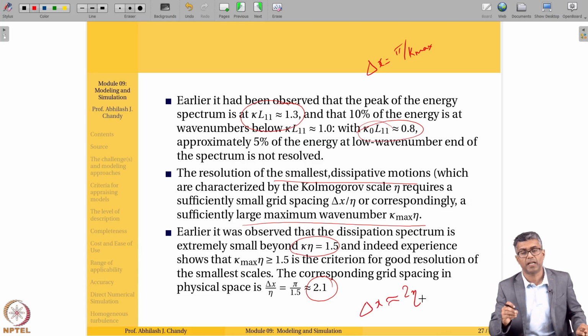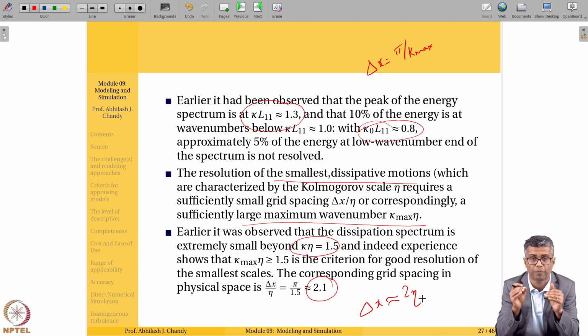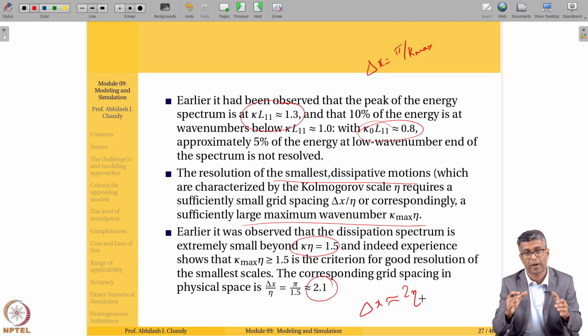The Kolmogorov scale is the smallest length scale available. Remember, this is all order of magnitude. We are not saying that if the Kolmogorov scale is, say, 1 mm, the smallest length scale is going to be exactly 1.0000 mm. It is order of magnitude.